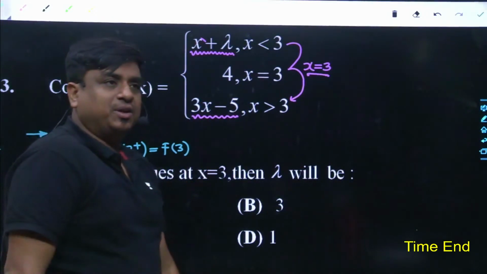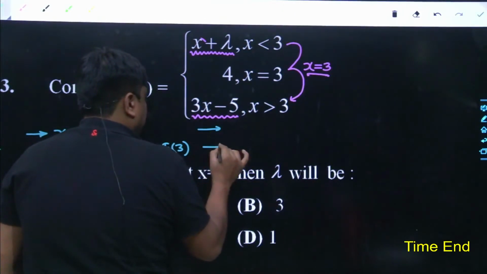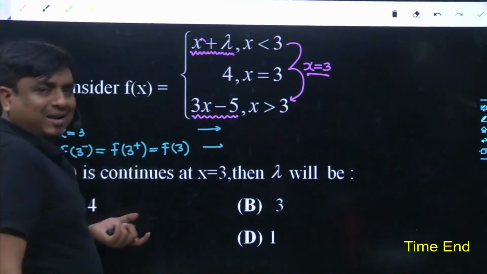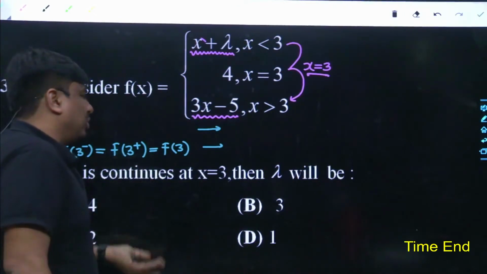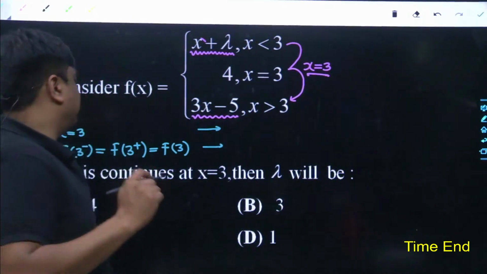At the test point itself, either you could calculate f of 3 minus and 3 plus using the left hand limit or the right hand limit, or the short trick communicated earlier, so you could have taken the help of the short trick itself.